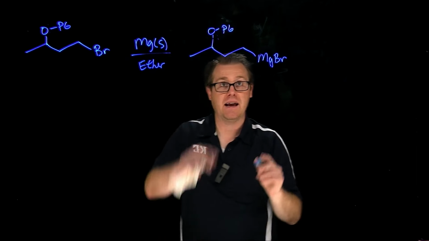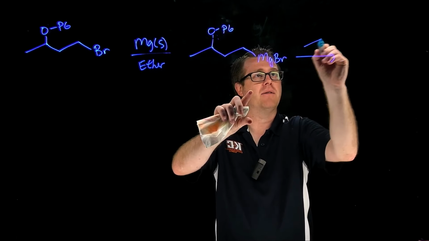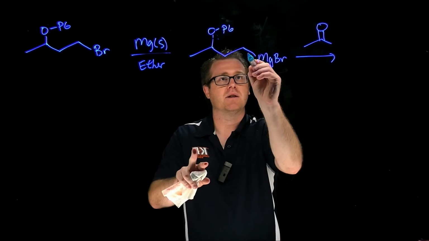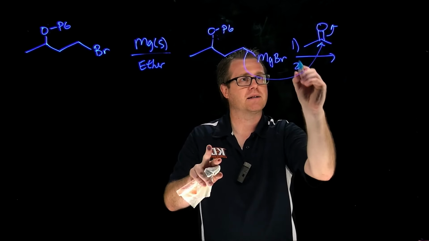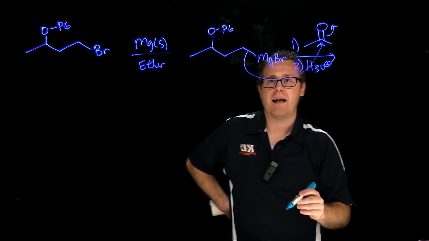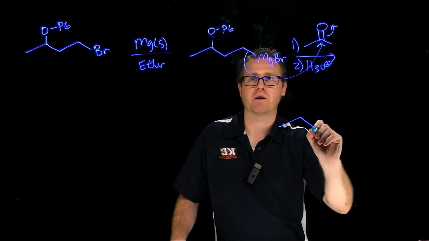So now we can take this Grignard right here and treat it with whatever reagent that we want. Let's say a ketone like that. So this would come in like so. So that's step one. Step two, we need to add an acidic workup there. And after we do that process, we would get this molecule here.